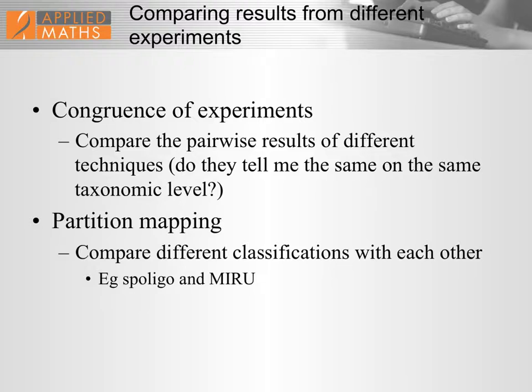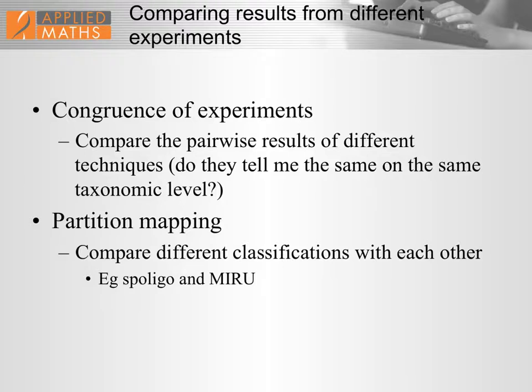So, what is your question there? Do they tell me the same about my data on the same taxonomic level? Yes or no? If they tell you the same, then you can already think, do I need to do those two techniques? Because if they tell you exactly the same, why bother doing twice the work? And then you can make another decision.